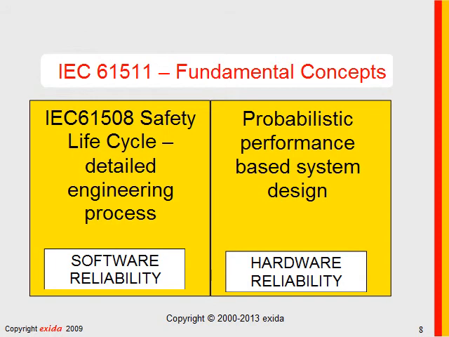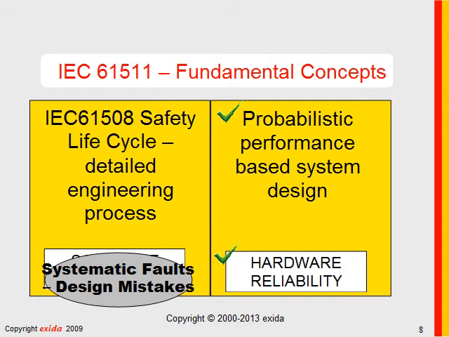Today we're going to be talking about safety instrumented function verification. But I'd like to start by just reminding everyone of the fundamental concepts in IEC 61508. There is a defined safety life cycle. It's a detailed engineering process, often considered important to deal with software reliability. And the second fundamental concept is a probabilistic performance-based design, often thought to deal with hardware reliability.